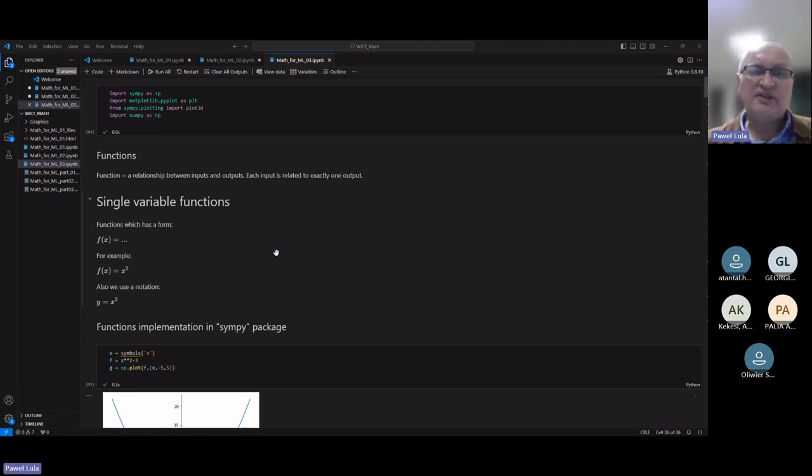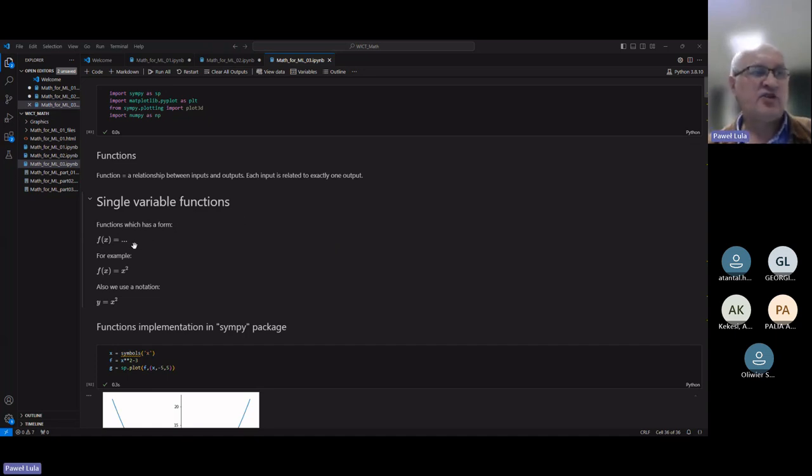Functions may be represented in different ways, for example, using formulas or graphical presentations. We can have functions with one input variable or with more than one input variable. But today I'm going to talk only about functions which have one input variable.